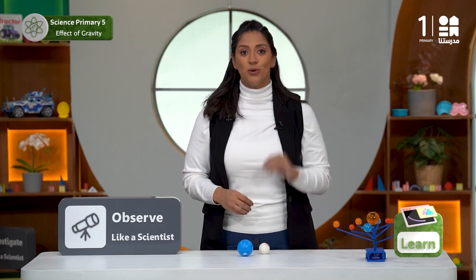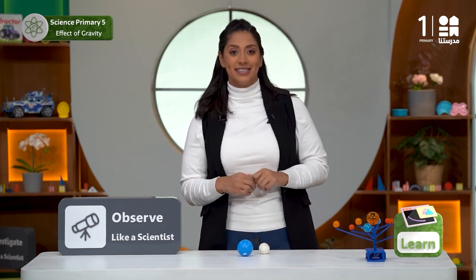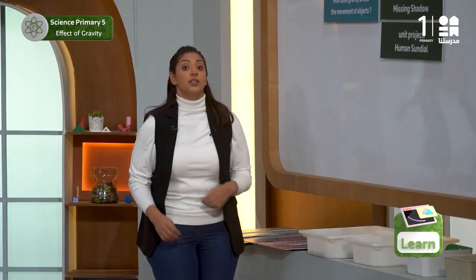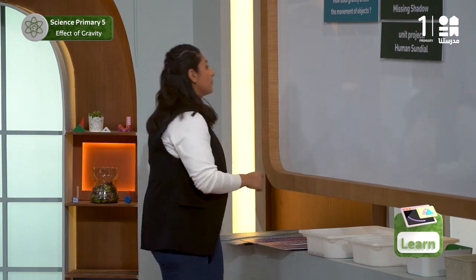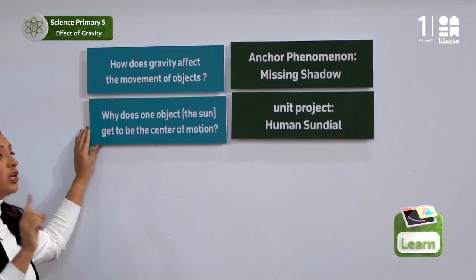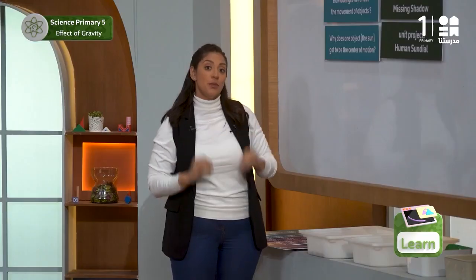Now, let's post these very important questions on our evidence board. So again, the first question that we had is, why does one object, which is the sun, get to be the center of the motion?